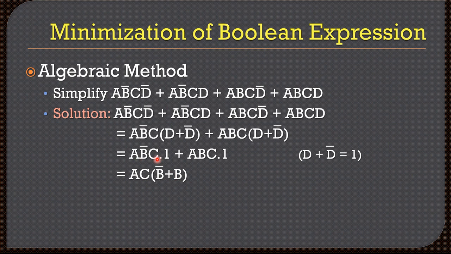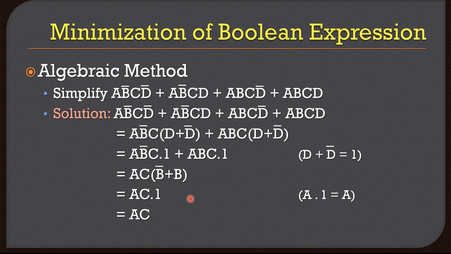Now you can see in this term A C is identical, and B' is non-identical. So you take A C outside, and then B' and B. Same rule here, the same complementarity law, you get that statement. So A C dot 1. Again A dot 1 equals A, so you will get A C. That is the next step.